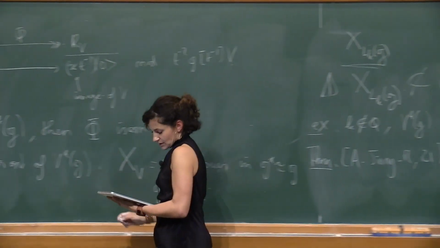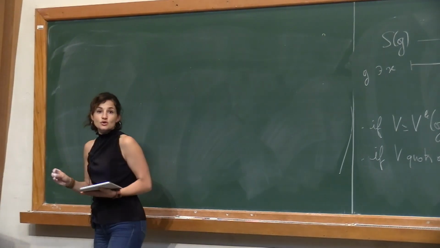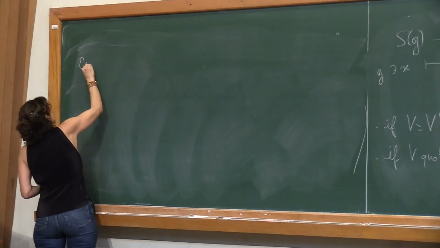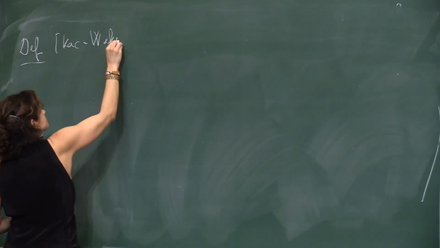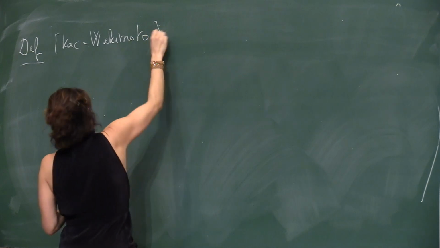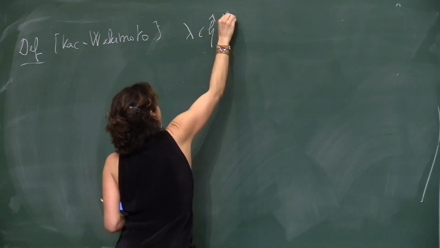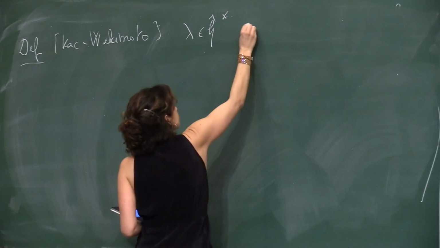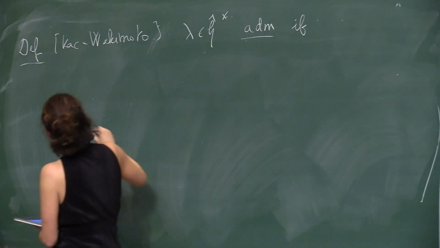I would like to give a more general definition of admissible level, so I would like to recall the notion of admissible weight. This is a notion due to Kac and Wakimoto. Here I take a linear form on the Kac-Moody Cartan algebra, and I say that this is admissible if the following two conditions hold.